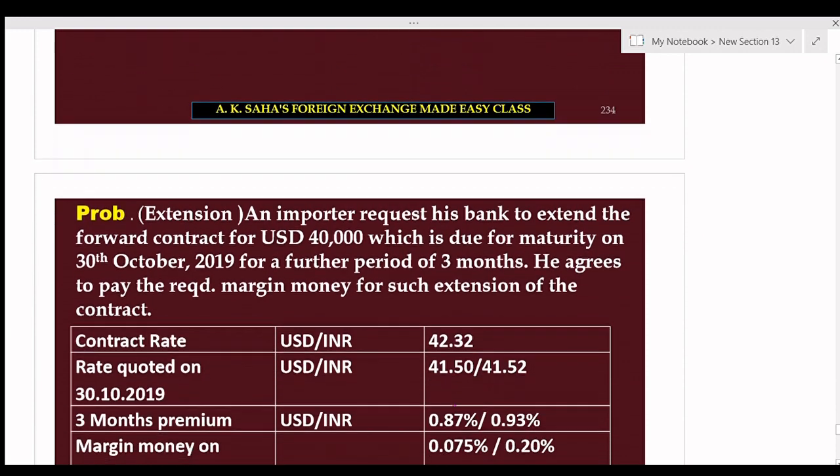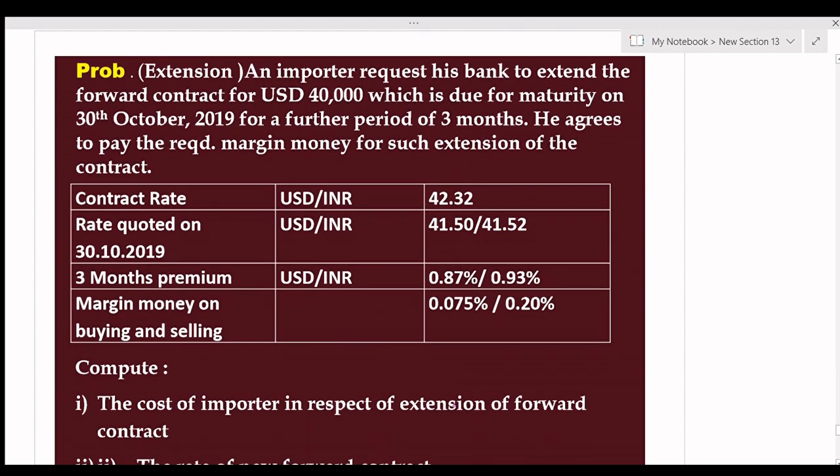Now come extension. Extension from the importer or from the exporter happens. Problem: the importer requests his bank to extend the forward contract for US dollar 40,000, which is due for maturity on 30th October 2019, for a further period of 3 months.